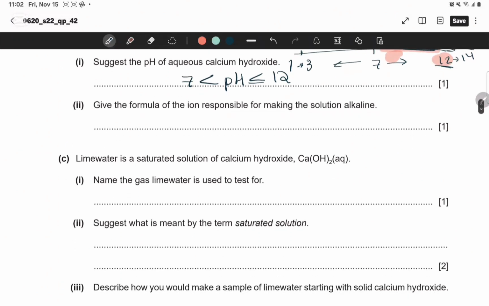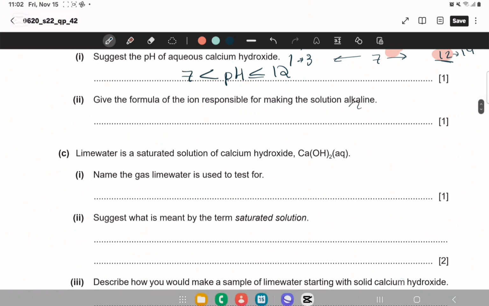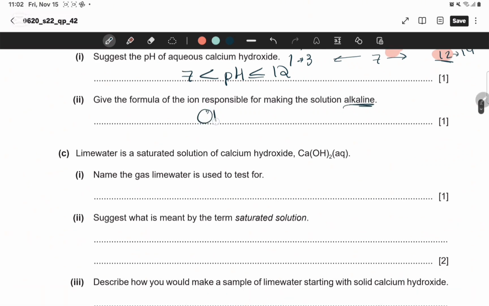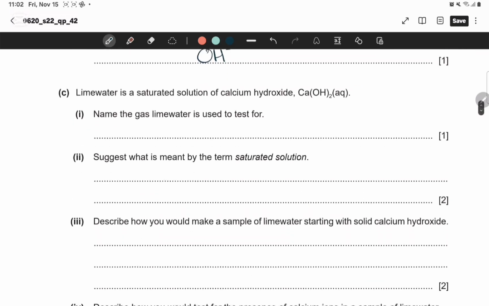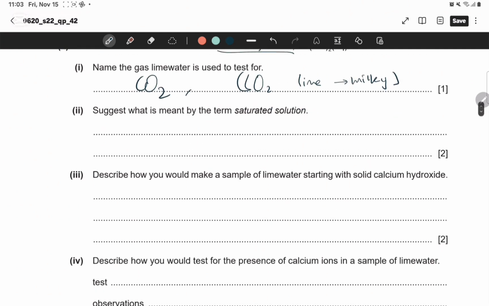Okay, give the formula of the ion responsible for making the solution alkaline. OH minus. Lime water is a saturated solution of calcium hydroxide. Name the gas lime water is used to test for. CO2. We know that when CO2 is in lime water, CO2 turns lime water milky, right? Suggest what is meant by the term saturated solution.